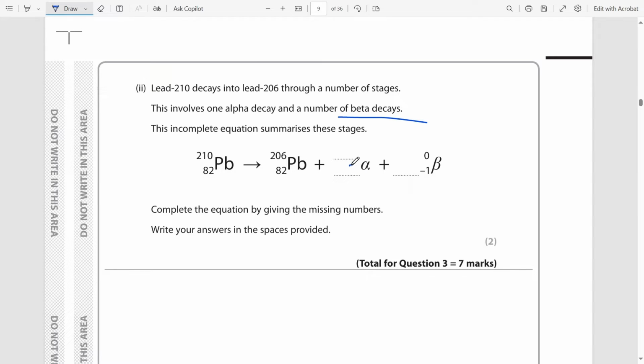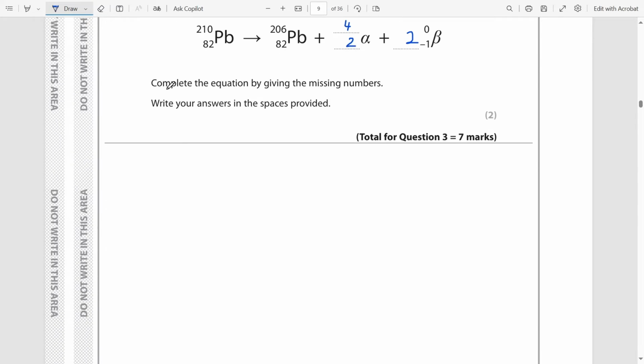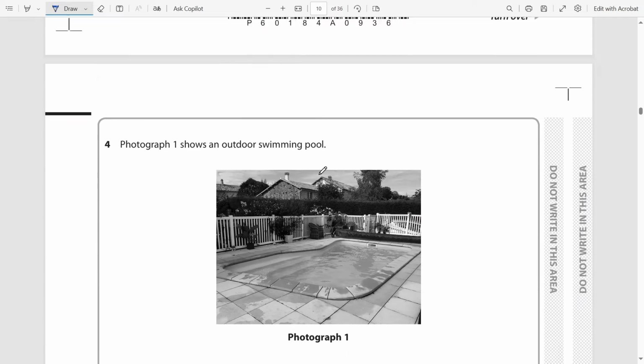So it's 2 and 4. And if something's going to lose 2 protons, then it's going to want to lose its electrons. So if we've lost 2 protons, it's going to lose 2 electrons as well. So there we go. Complete the equation by. Oh, that's what we did. Okay, next.